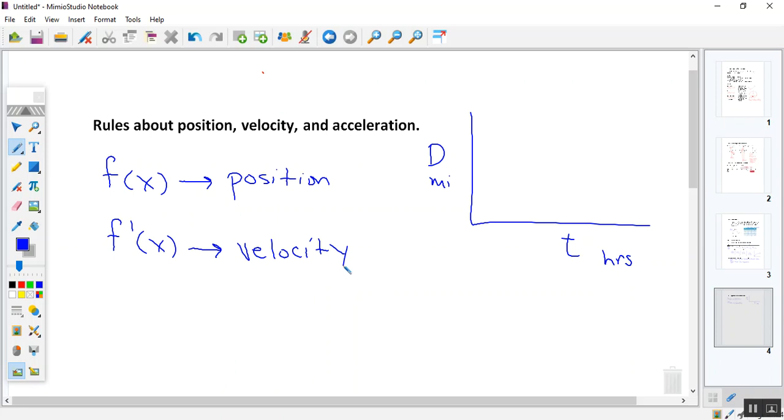Okay, and we'll talk more about this as we progress. Anybody want to guess what f double prime of x is then? It's acceleration, you bet. Acceleration right there. So, just kind of have those in your back pocket.